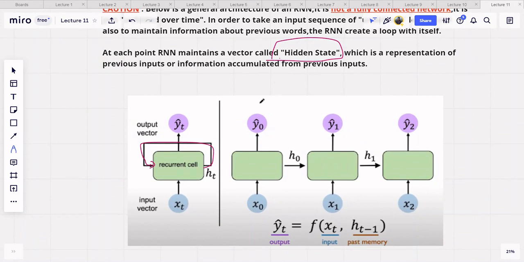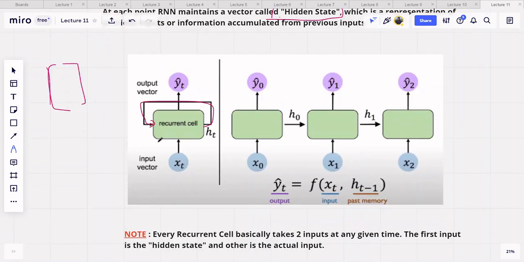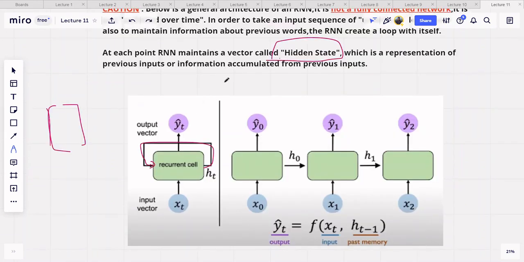A hidden state is nothing but a simple vector, which is passed as input again and again to the RNN cell. This is called a recurrent cell. The hidden state helps the recurrent neural network maintain its context.